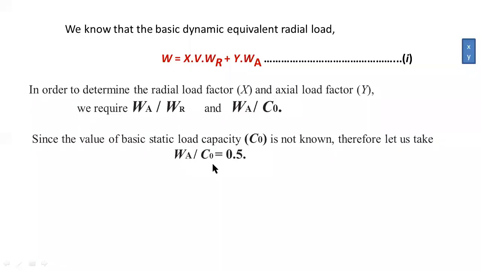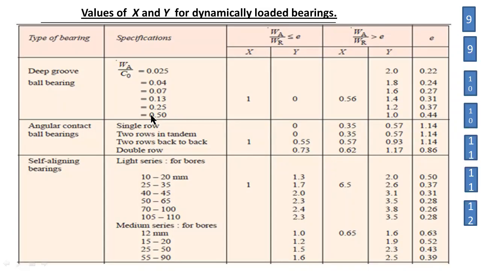Here I consider WA by C naught equal to 0.5. Since the C naught value is not known, I consider the higher value of WA by C naught, the maximum value, which is 0.5. This one is a maximum value.